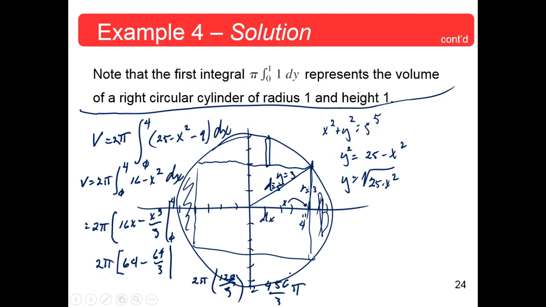No, that can't be true. 256, sorry. I said it can't be true. 256 pi, because 3 won't go into it. We know that. 256 pi thirds. Cubic inches.